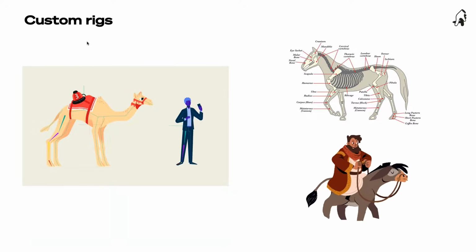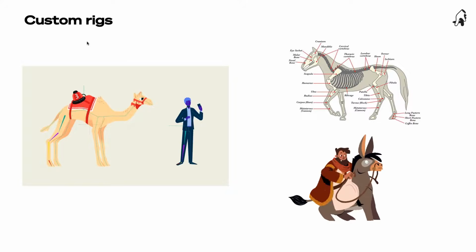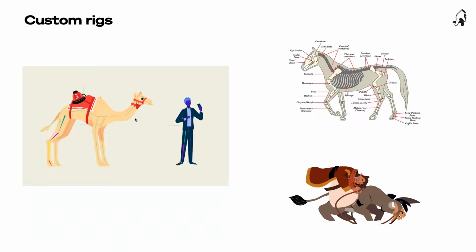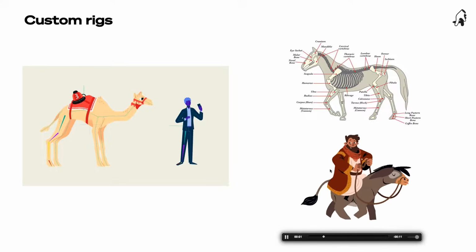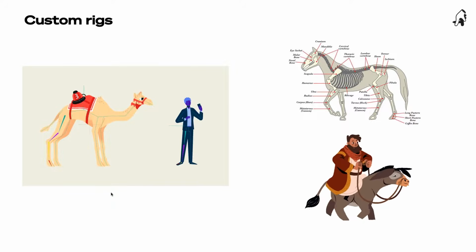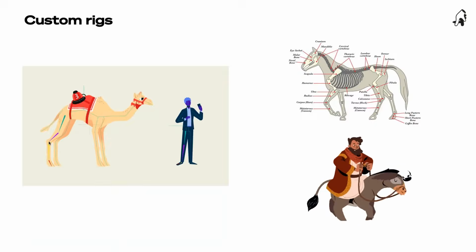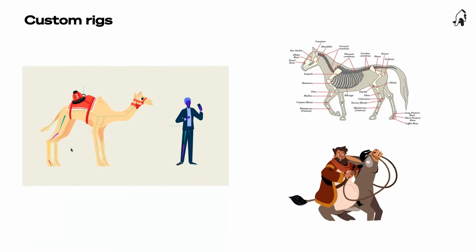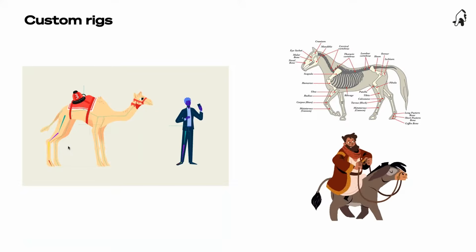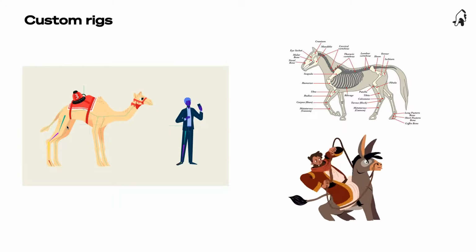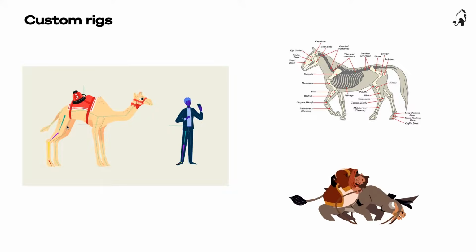So for example, recently we had to animate a camel and a donkey. And actually, both of those animals are really similar to a horse. They have 4 legs, and the way of building the skeleton for them is quite similar. So we picked our animator, Victoria, who is a huge fan of horses.